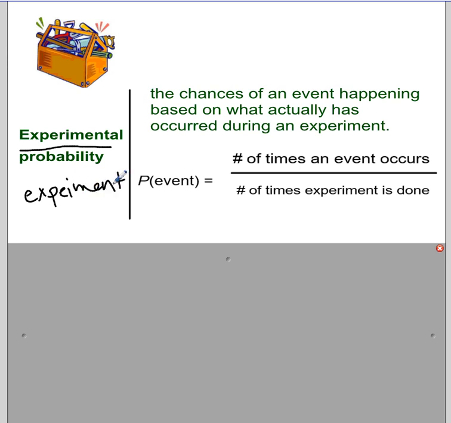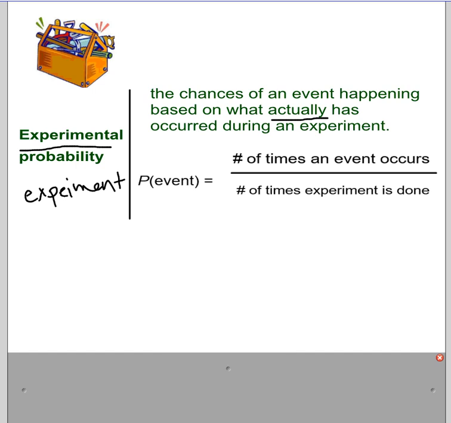In other words, when I actually go out and do something, the chances of an event happening based on what actually has occurred during an experiment. What actually happened when I rolled a die? What actually happened when I flipped a coin? Whatever that might be. So again, the same notation, probability of an event is the number of times the event actually occurred over the number of times the experiment is done.